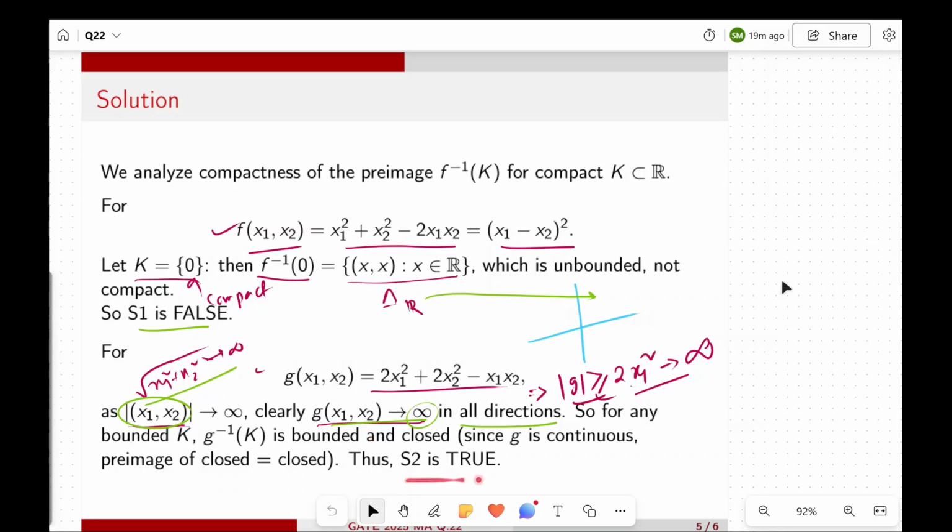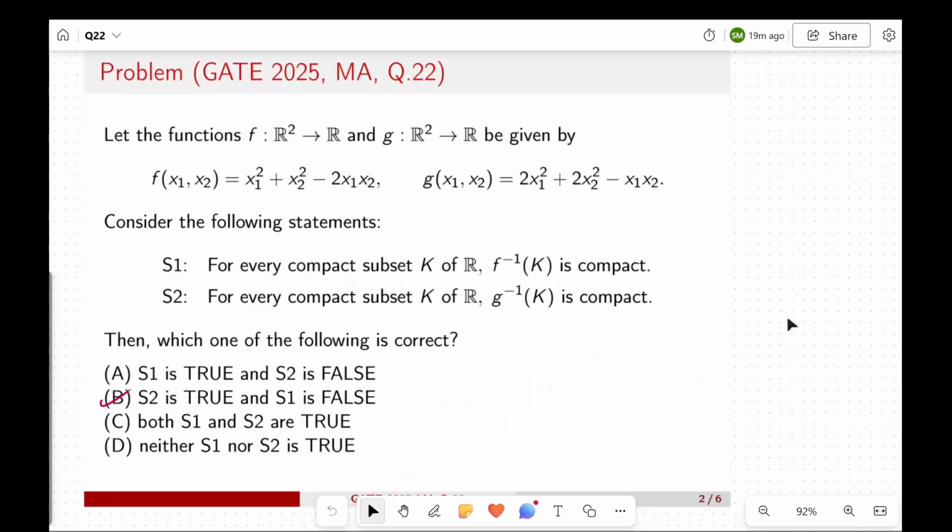That's why statement S2 is true. So S1 is false and S2 is true. Now let's get back to the options. Option B is the correct option: S1 is false and S2 is true. So that is the solution for this problem.